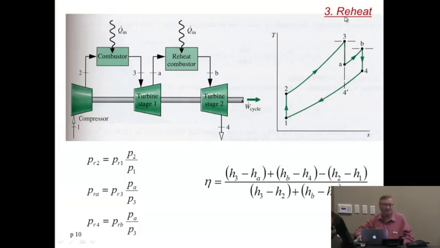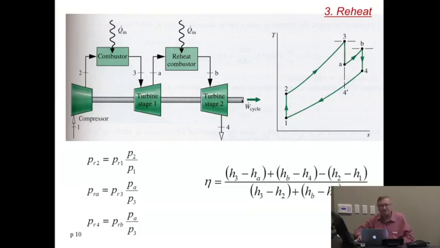The next is the reheat. So here's my compressor, one single compressor, and I will go back to a single combustion chamber. So in your compressor, you have the isentropic compression, PR2 gives you PR1, P2 over P1. Very good. And you have the compression ratio. Now in the first combustor, you give in a certain amount of heat and you send that to a temperature T3.